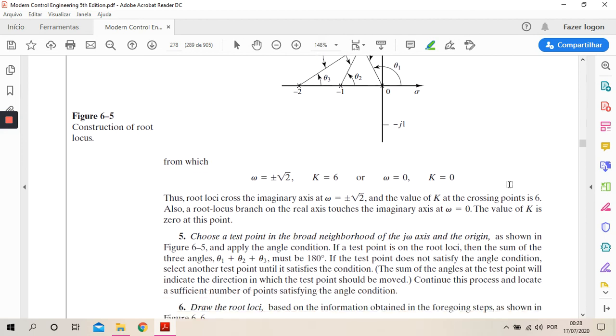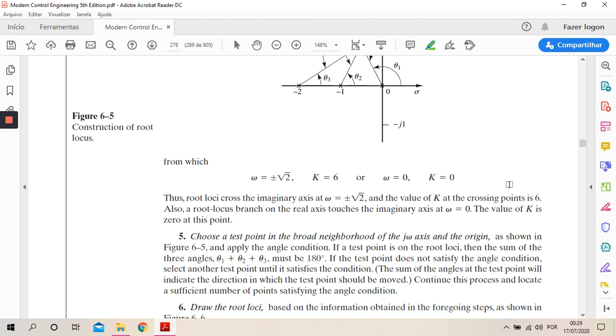If a test point is on the root loci, then the sum of the angles theta 1, theta 2, and theta 3 must be equal to 180 degrees. If the test point does not satisfy the angle condition, select another test point until it satisfies the condition.